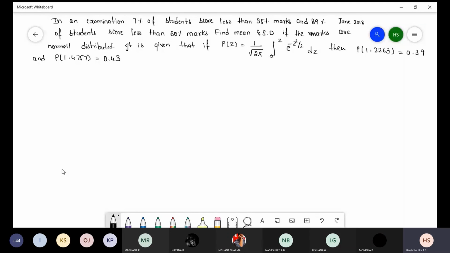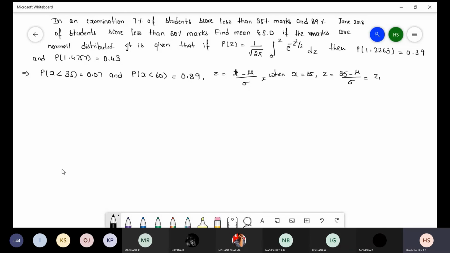So here also we have to find the mean value. So first we write the given: P of x less than 35 marks is 0.07, 7% means. Next P of x less than 60 is 0.89. So z is equal to x minus mu divided by sigma. So here I just write, when x is equal to 35, z is equal to 35 minus mu divided by sigma is equal to z1.